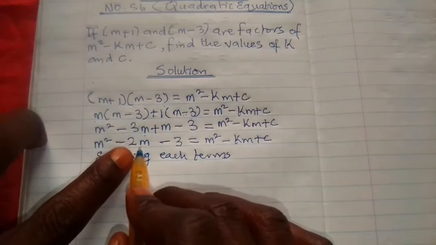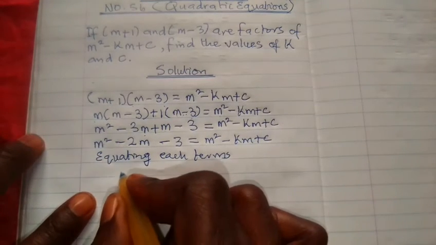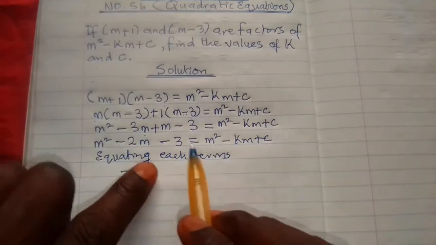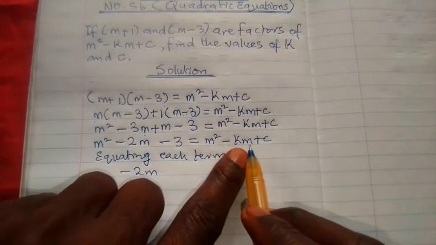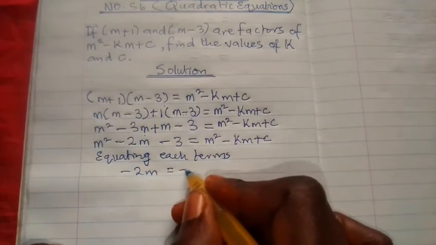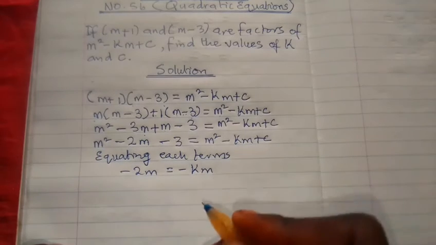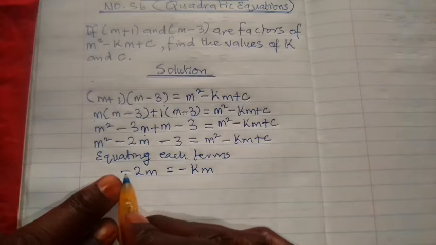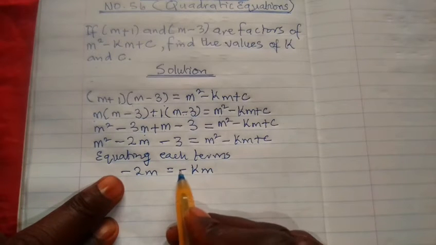Now come to the middle term, we have minus 2m. We must also equate the minus 2m in the middle term on the left side to the minus km in the middle term on the right side. So you will say equals minus km. Now let us resolve this. There is a negative sign on the left and a negative sign on the right.